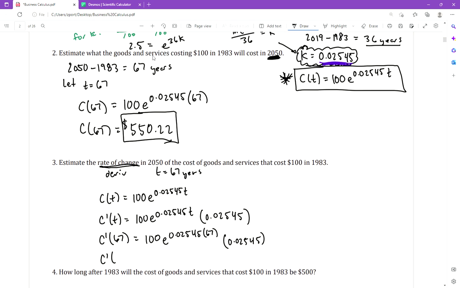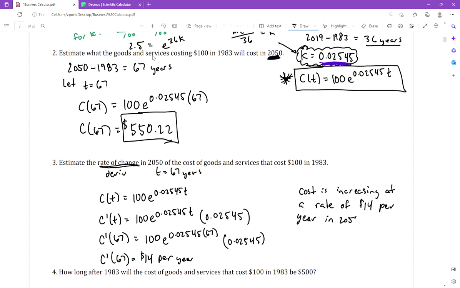Okay, so C prime of 67 is $14, and that is per year. So that's how much it's increasing at this point. Okay, so it's increasing, so cost is increasing, because that's a positive number, at a rate of $14 per year in 2050.